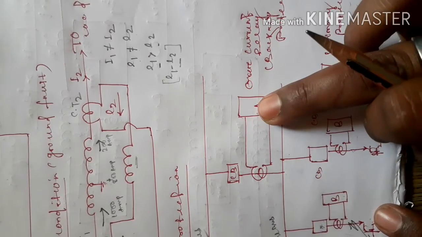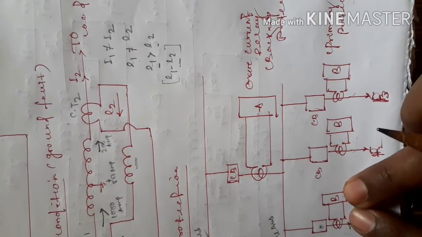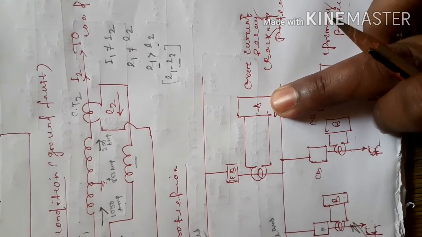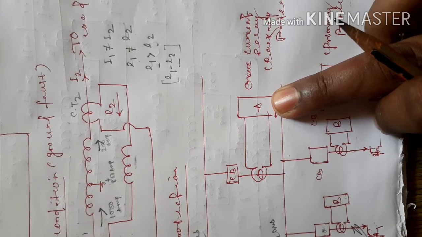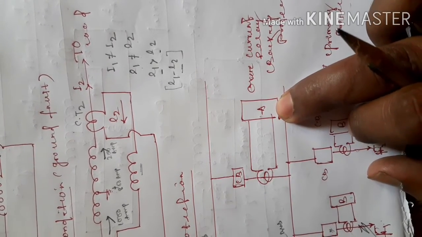Here we use the backup protection. The main difference between the primary protection system and the backup protection system is the time setting. The backup protection acts as the second line of defense. It is designed to operate with sufficient time delay.